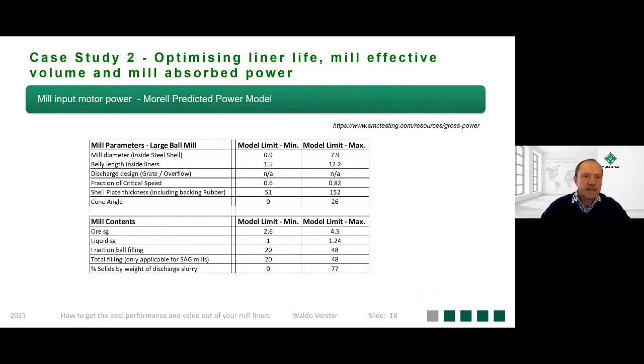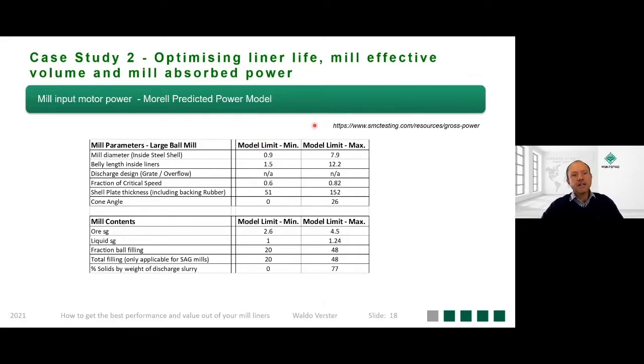As part of this case study, I want to also look at how to calculate or predict the input motor power for your mill. There are various different formulas available and various different methods available to estimate or predict the input motor power. I like the Morrell predicted power model. It's an online power calculator. And the reason I like this model is because it gives you the limits, the minimum and maximum limits of the model.